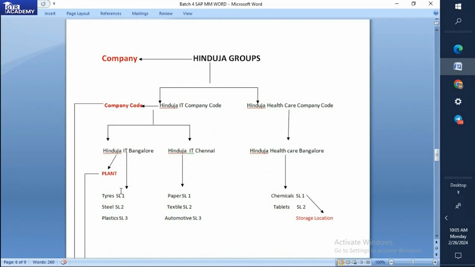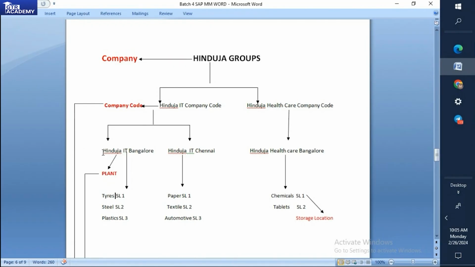Under the company code, for example, if we have 2 plants in the Bangalore location only, it completely depends on the customer requirement.